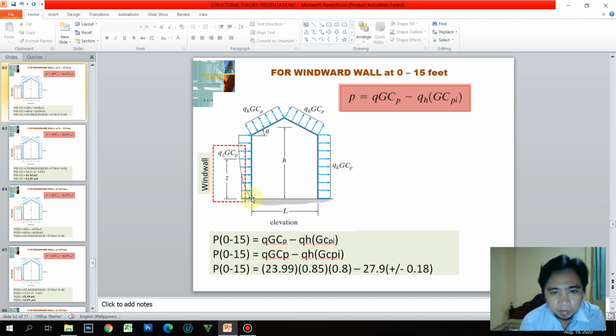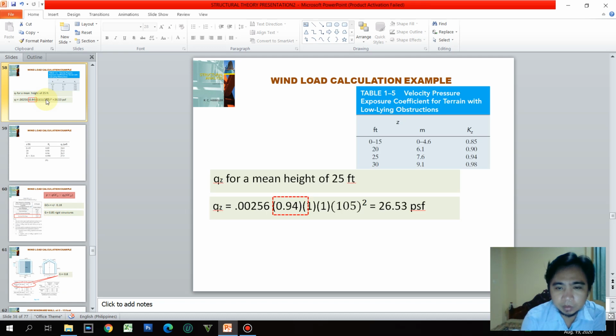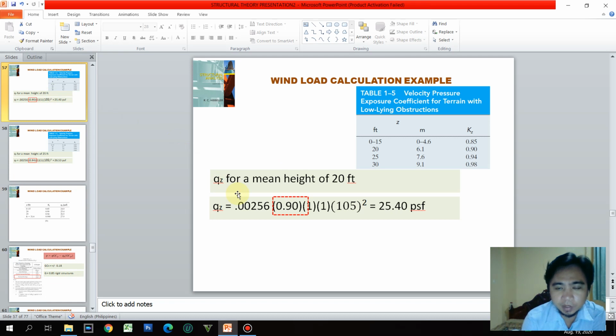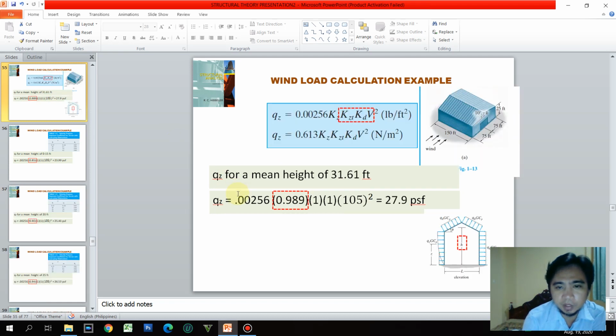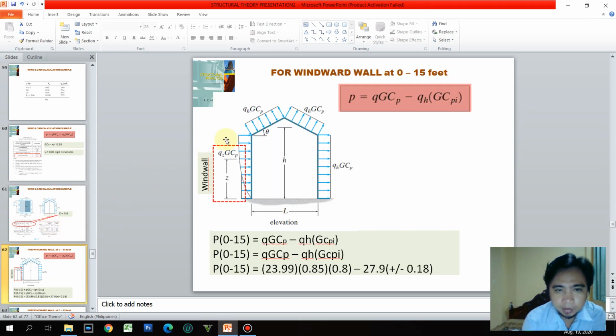Because we have different heights from 0 to 15, from 20, from 25 up to 31.61, as we have computed a while ago. Okay, so for a mean height of 25, we have a mean height of 20, 0 to 15, and the first one up to the 31.61 feet. That is why this is not constant here. There will be a curve here.